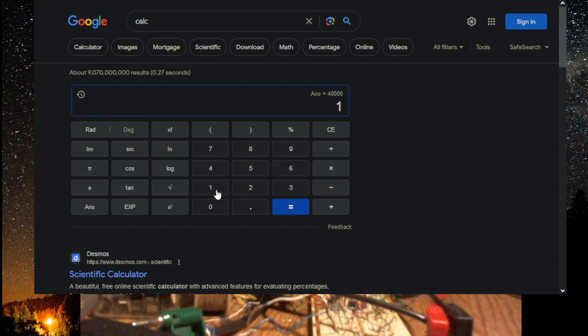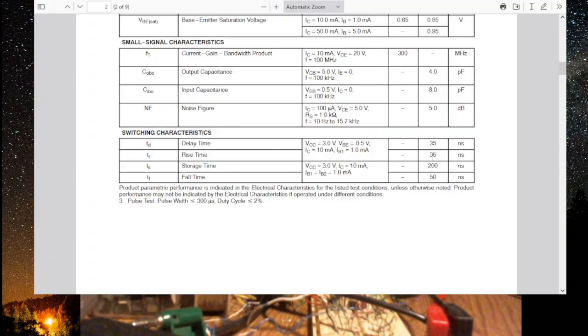Let's see, 1 divided by 0.00005 is 20 kilohertz. So if that number is lower, that gets us a higher frequency. So that's within the audio range. Anyway, I don't know what this is.